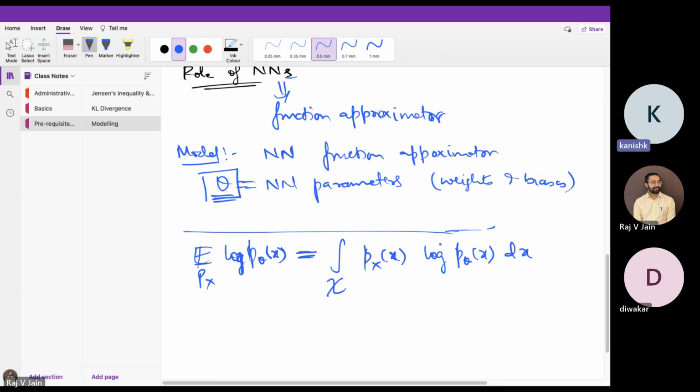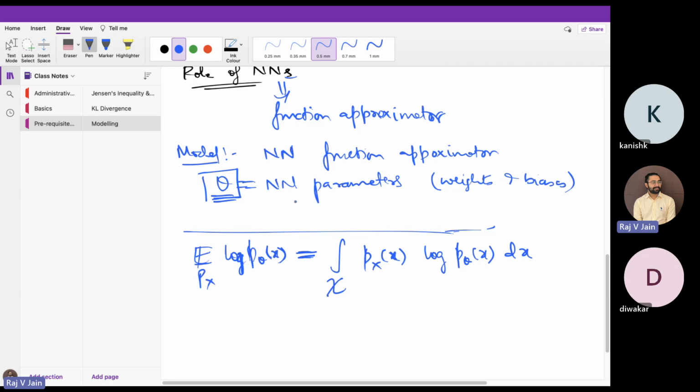P theta of x also depends on x. It depends on the support. Yes, correct. That is fine, though, because I'm looking at only the support of x. You're saying it's a neural network, so I don't have a fixed support for it.